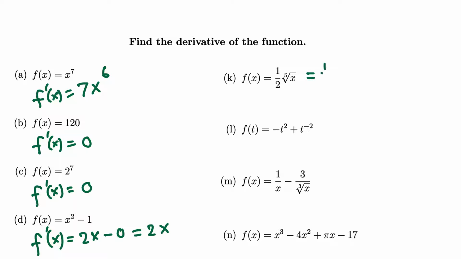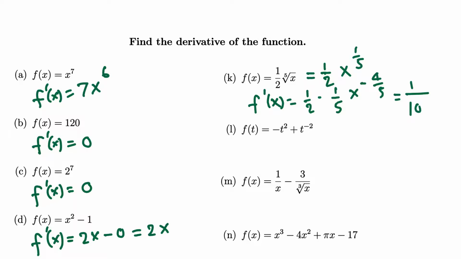This is the same as 1/2 times the fifth root of x, and the fifth root of x is x raised to 1/5. 1/2 is a constant times x^n, so use the power rule: 1/2 times n x^(n minus 1), 1/5 minus 1, negative 4/5. You don't have to simplify, but this is 1 times 1, 1 over 10, negative exponent put on the bottom, x raised to 4/5.